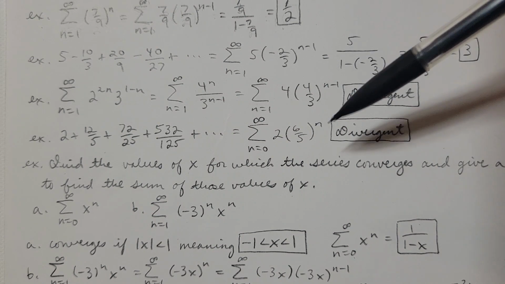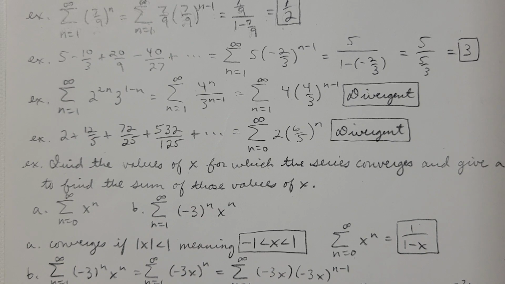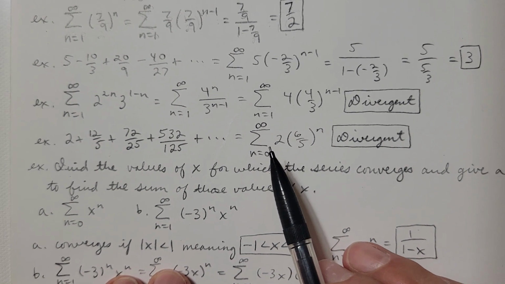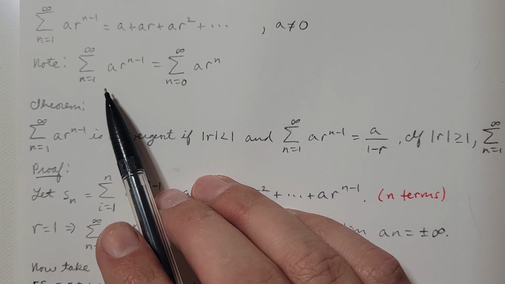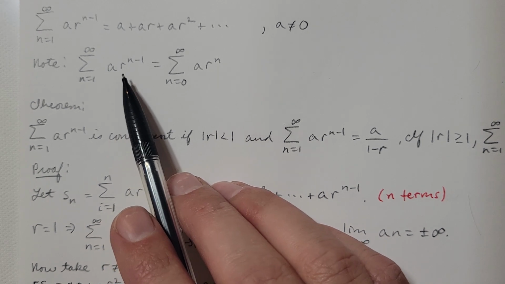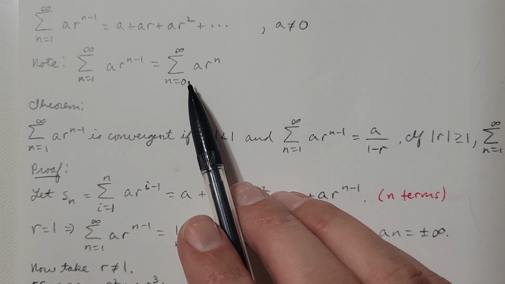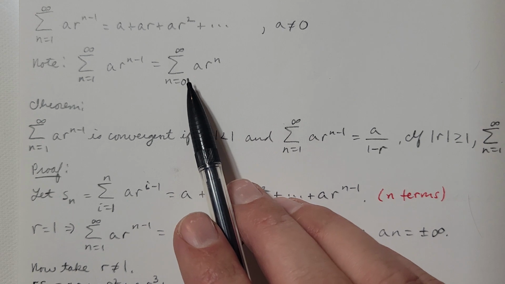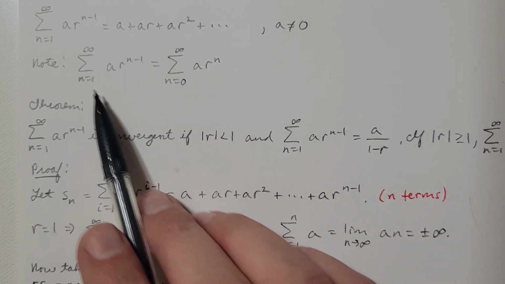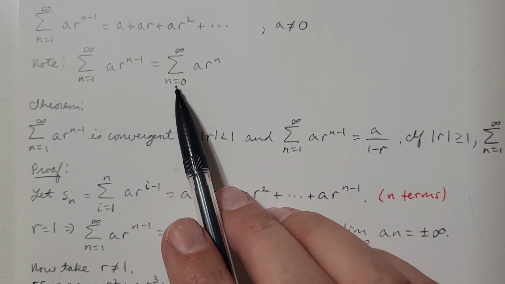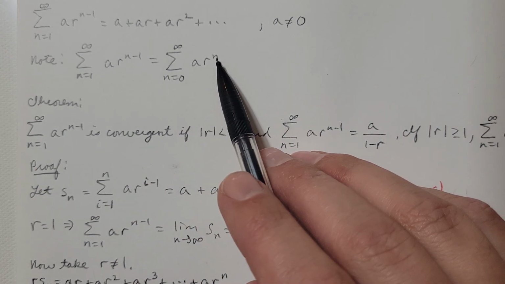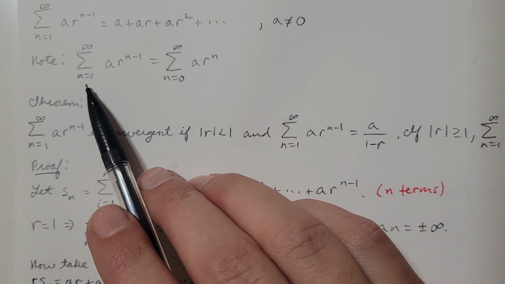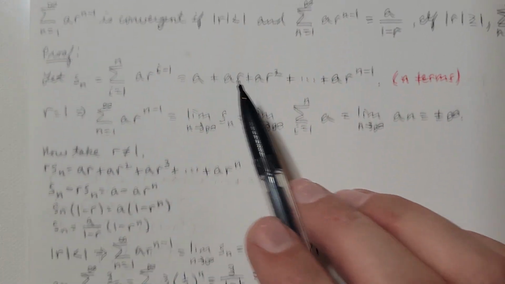If I rewrite this as a geometric series, which it is, I can write it in the form the summation as n equals 1 to infinity of a times r to the n minus 1, or the summation as n equals 0 to infinity of a times r to the n. Both of these mean the same thing. You just want to make sure that, if you're starting at 0, the power of r is n. If you're starting at 1, the power of r is n minus 1.